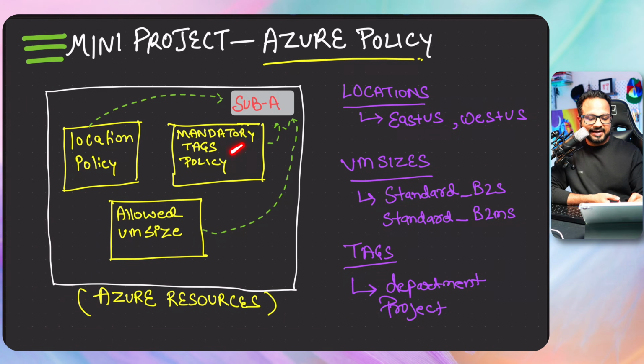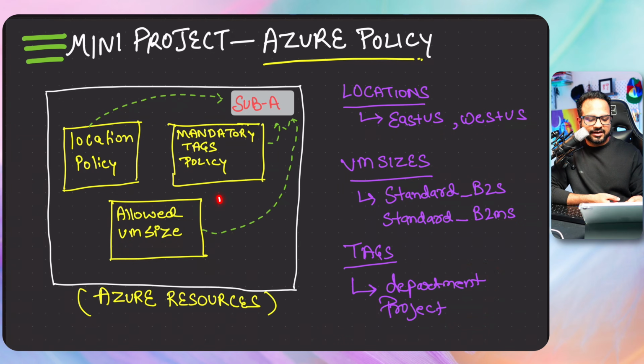Then there is a mandatory tag policy. That means every resource being created, not just using Terraform, because once the policy is applied, it is applicable to all the resources within that subscription. The mandatory tag policy suggests that every resource should have at least these two tags, otherwise it won't be permitted to be provisioned.